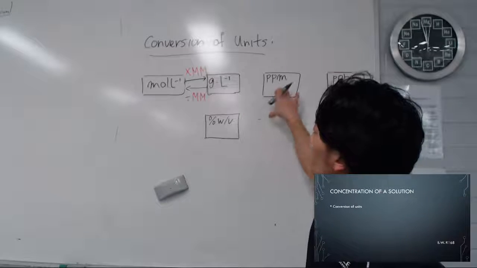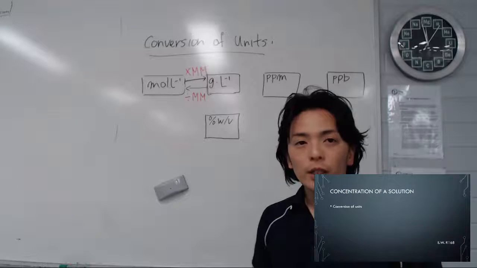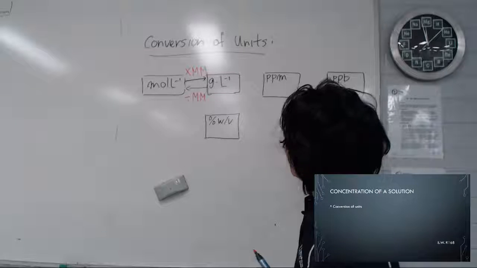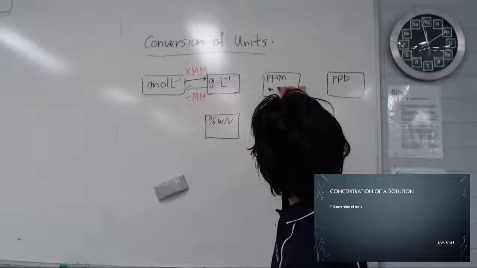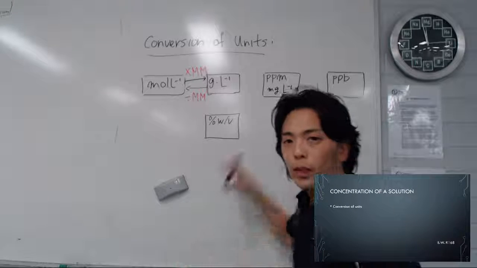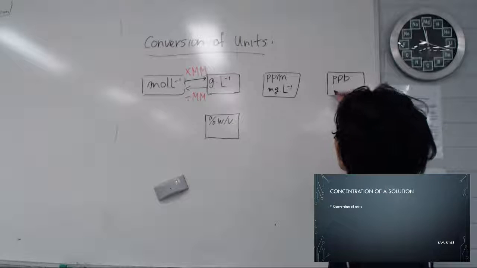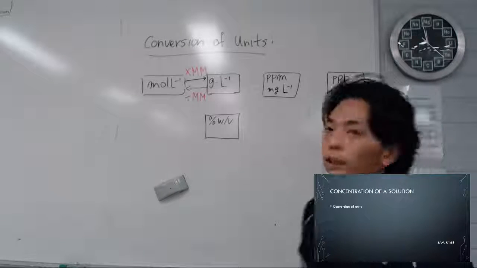Moving on to parts per million then. Parts per million is interchangeable to milligrams per liter. Similarly, parts per billion is interchangeable to micrograms per liter.